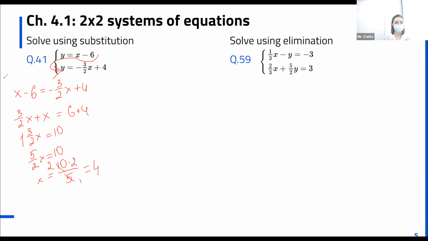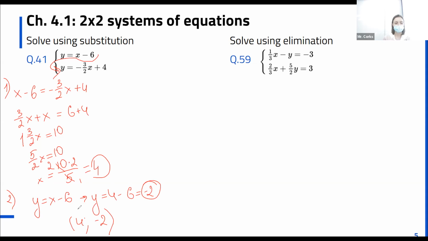And then we can input this value of x into the first equation, which is x minus 6. So for us, y equals 4 minus 6, so minus 2. The answer is (4, minus 2).